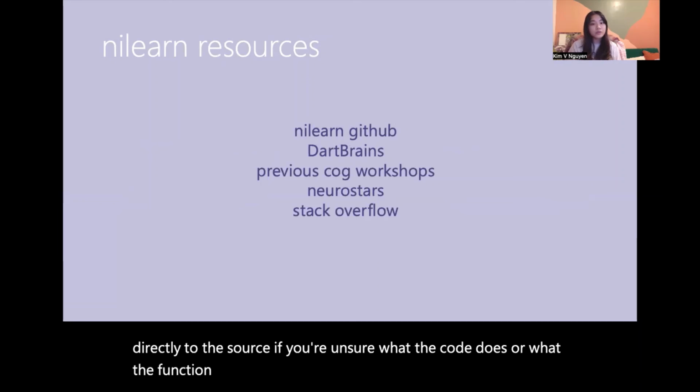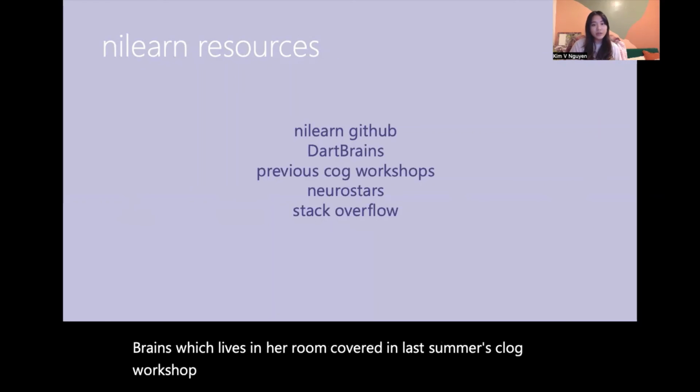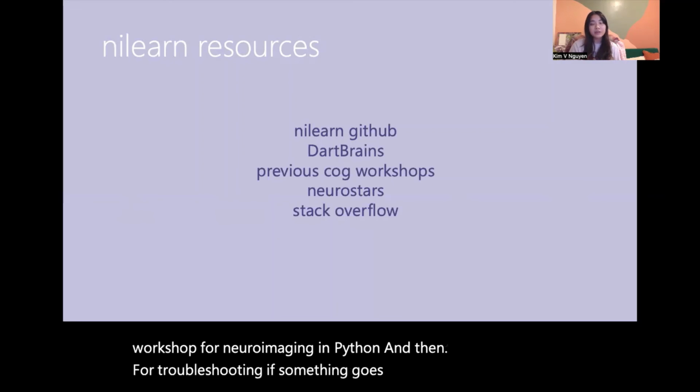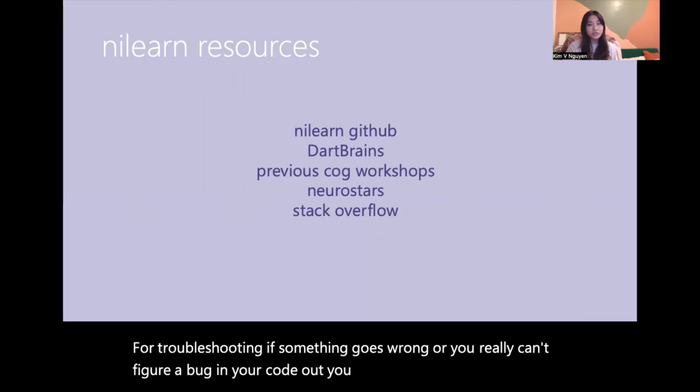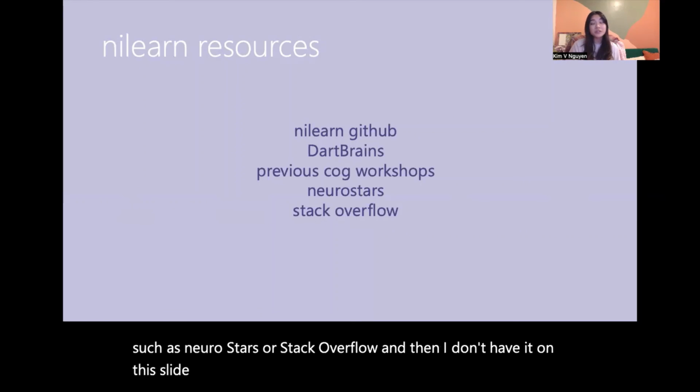There's also a really great tutorial on DartBrains, which Liz and Haroon covered in last summer's COG workshop for neuroimaging in Python. And then for troubleshooting, if something goes wrong or you really can't figure out a bug in your code, you can take your question to forums such as NeuroStars or Stack Overflow. And I don't have it on this slide, but sometimes Twitter is also a great resource.